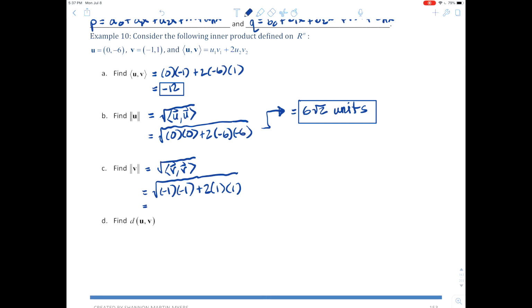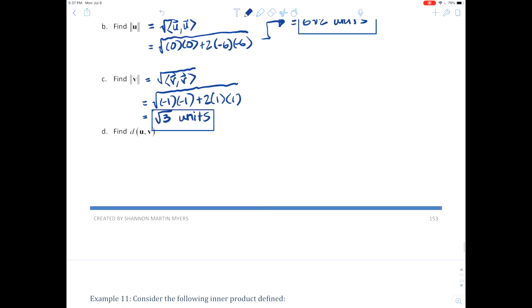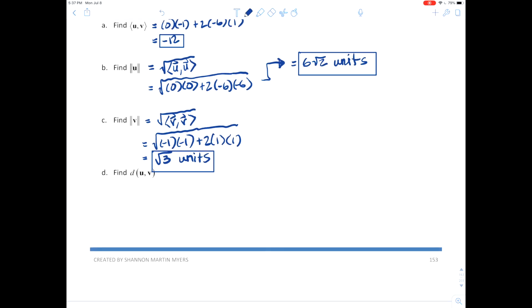And that will be √3 units. Okay. Now the distance between u and v. So the distance between u and v will be equal to what? Beautiful. The magnitude of u minus v, which will be the magnitude.